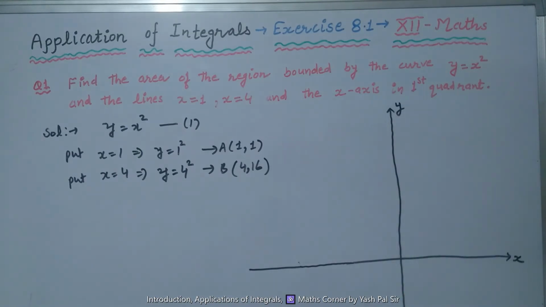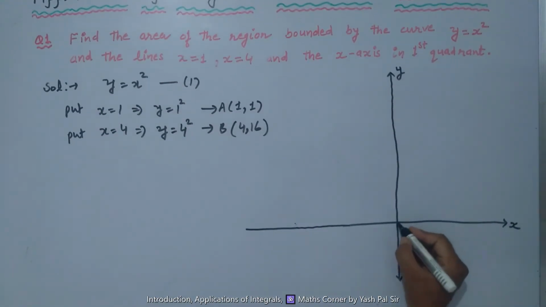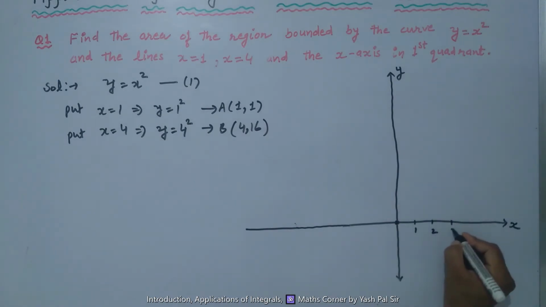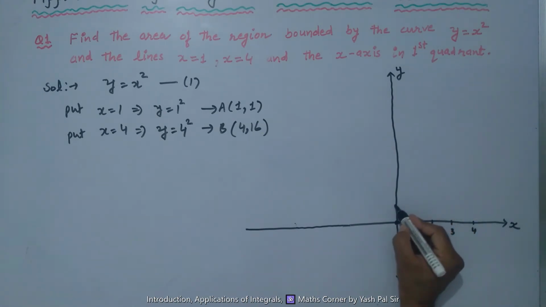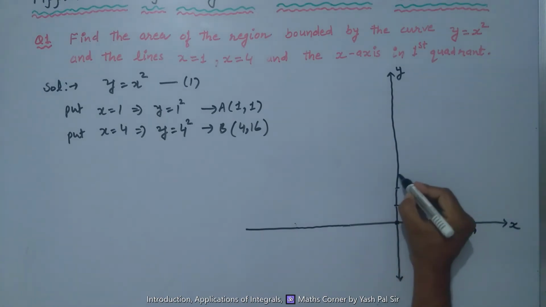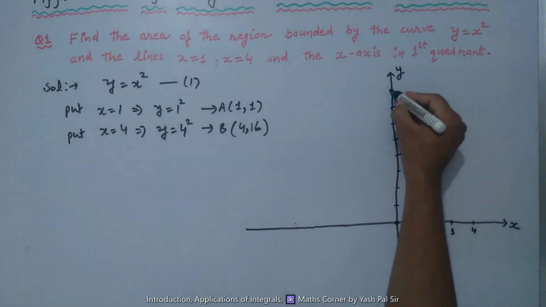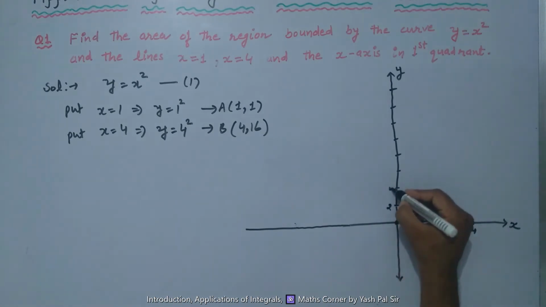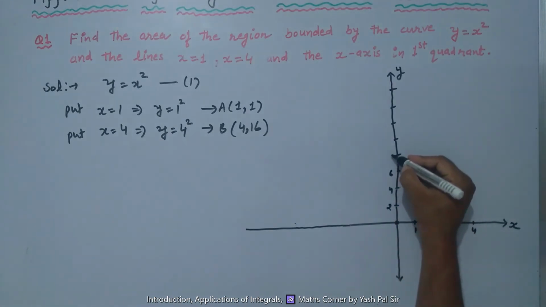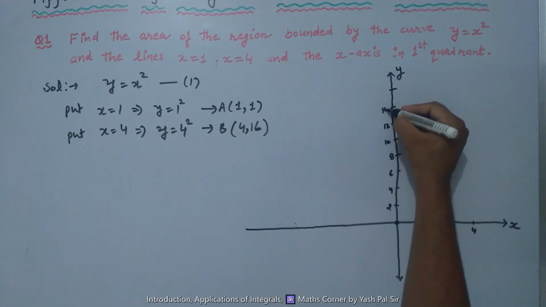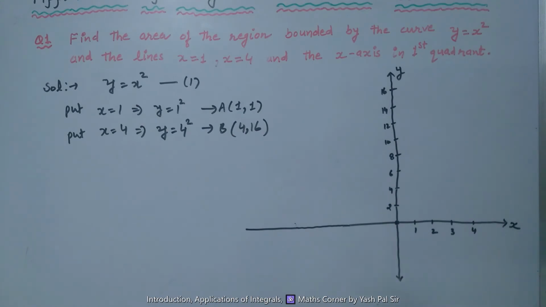Okay, now this way vertex of the parabola is this. We have x is equal to 1, 2, 3, 4. Similarly, we can have here, suppose this is 2, 4, 6, 8, 10, 12, 14, 16, right?